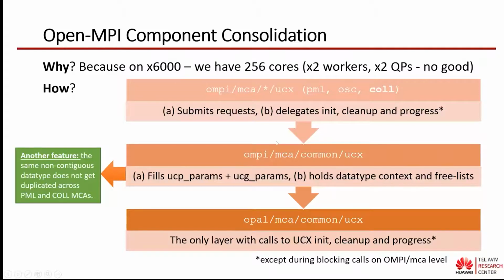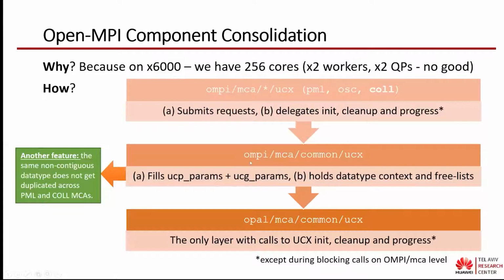In addition, there is also some code about data types. I know a lot of work is done on this data type engine, and we're going to hear a lecture about it separately. However, today we have this code in PML UCX, which converts MPI data types to UCX data types. Basically, it does a bit more, but we want to put it in a place which also will be common.